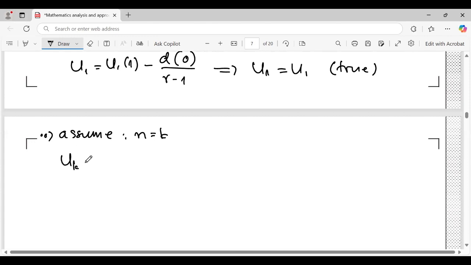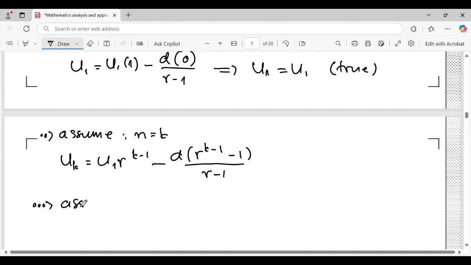Okay. So this step is the hypothesis step. So uk, using this formula, equals u1 r power k minus 1 minus d times r power k minus 1 minus 1 over r minus 1. Okay. And the third step, assume that n equals k plus 1. This is the inductive step.